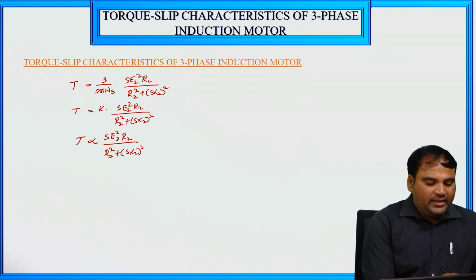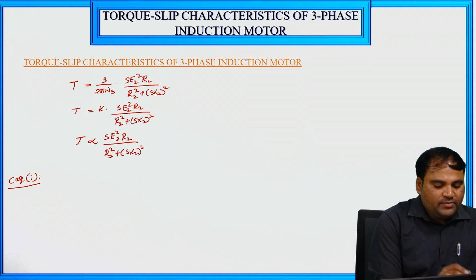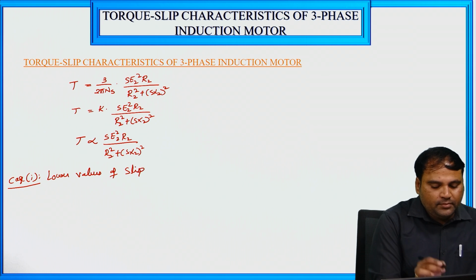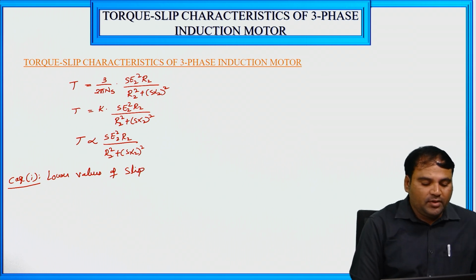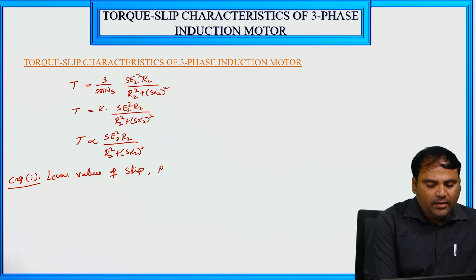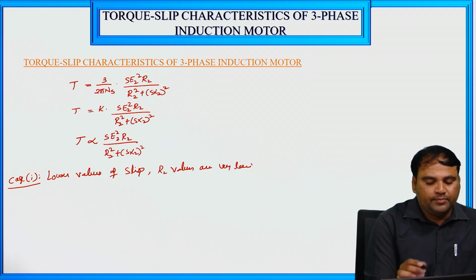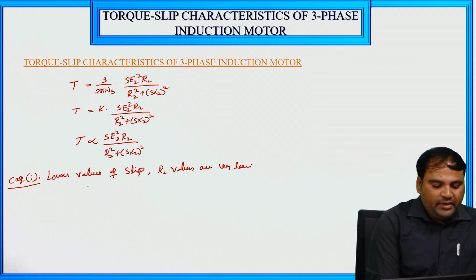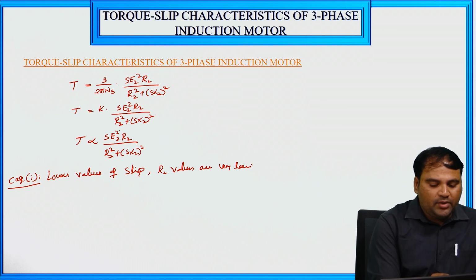For case 1, lower values of slip, the R2 value is very low, which means we can eliminate the R2 term here.